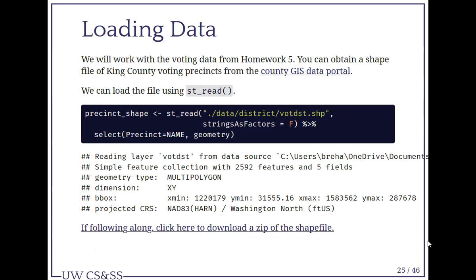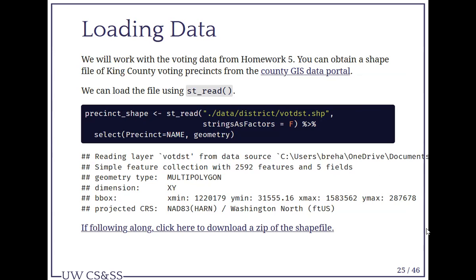Note, I've loaded in the .shp shapefile. I've selected the precinct by changing the name column to precinct, and the geometry. So it's reading in this layer from my files back home.